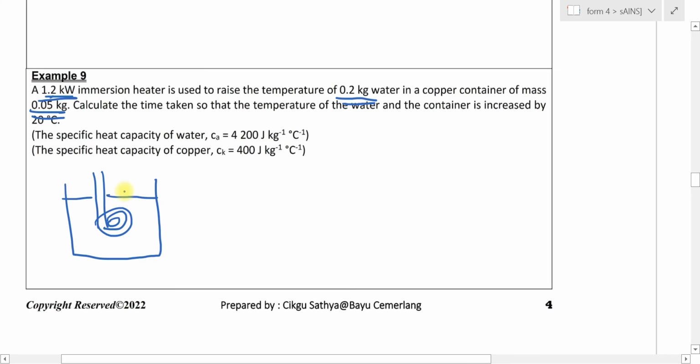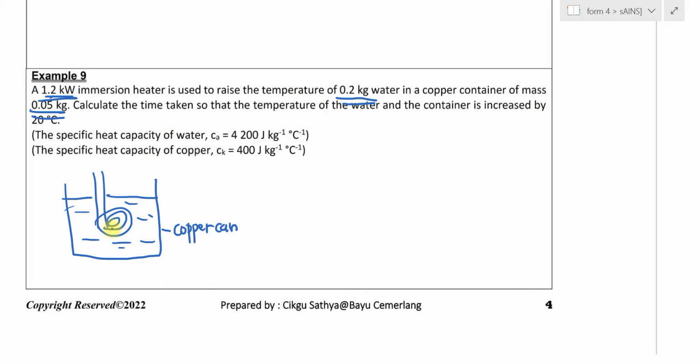Bekas ni adalah copper can. Okay, copper can. This is the water. Calculate the time taken so that the temperature of water in the container is increased by 20 degrees Celsius.